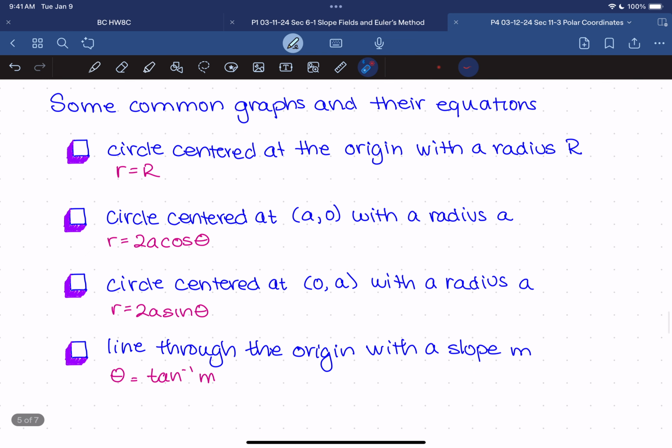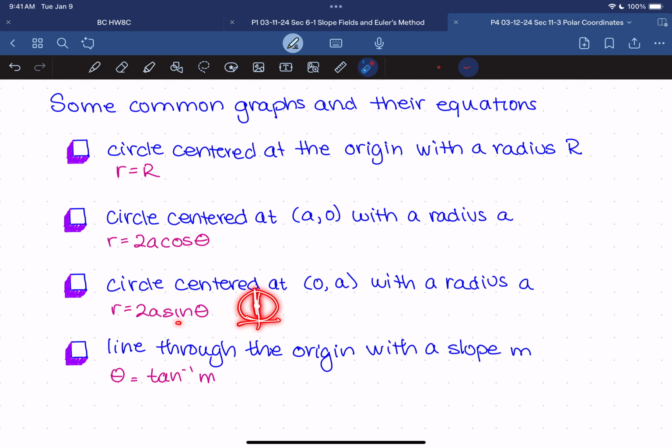And then if, instead of having cosine, you had sine, that's still a radius a, but now your center is at 0, a. So cosine, if you think about where a, 0 is, it's right here. So the equation with cosine is along the x-axis. The equation with sine, 0, a, that would be up here.